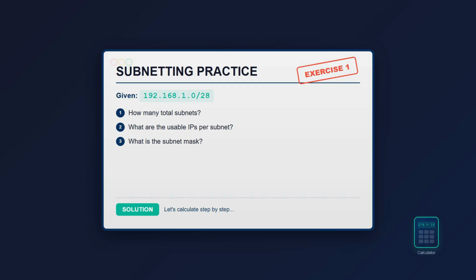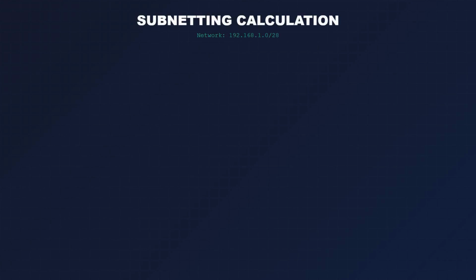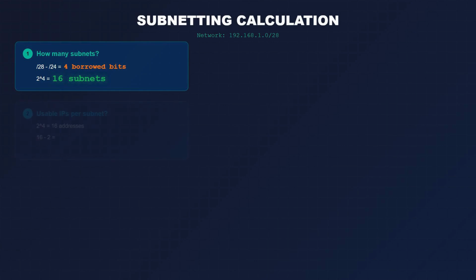First of all, we say the number of subnets is 16 subnets, while the usable IP addresses per subnet is 14 usable addresses.